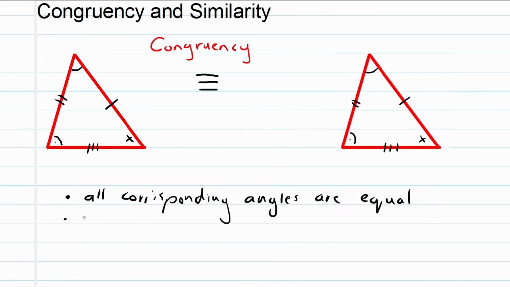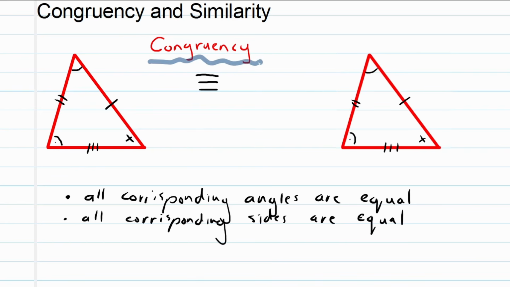Secondly, all corresponding sides are equal. Remember, I'm introducing you to the concept, but also the symbols and the notation. So remember, the sign for congruency is the super equal to sign, and that will help you to remember it.